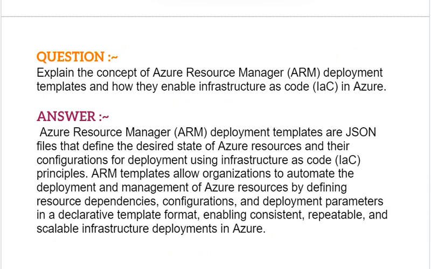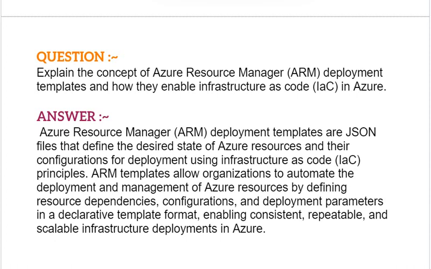Our interview question based on Azure Administrator role is: explain the concept of Azure Resource Manager ARM deployment templates and how they enable infrastructure as code IaC in Azure. Your answer should be: Azure Resource Manager ARM deployment templates are JSON files that define the desired state of Azure resources and their configurations for deployment using infrastructure as code IaC principles.